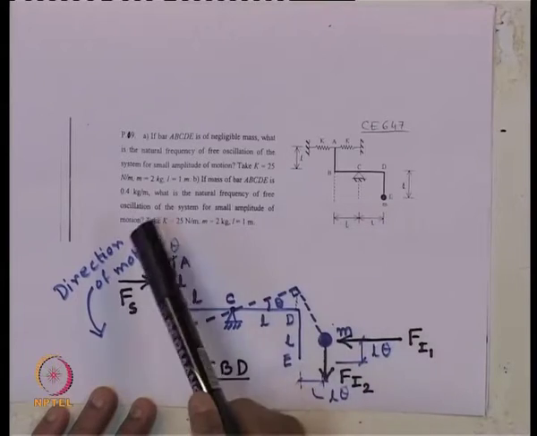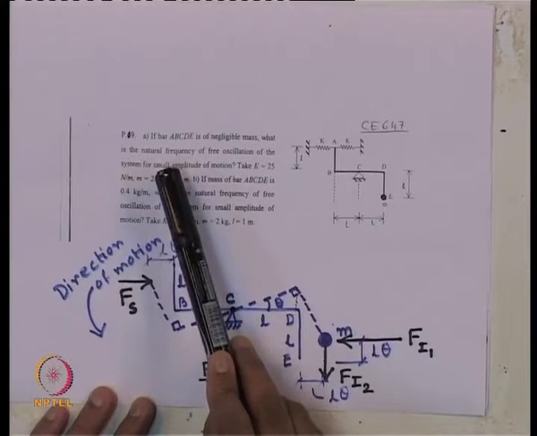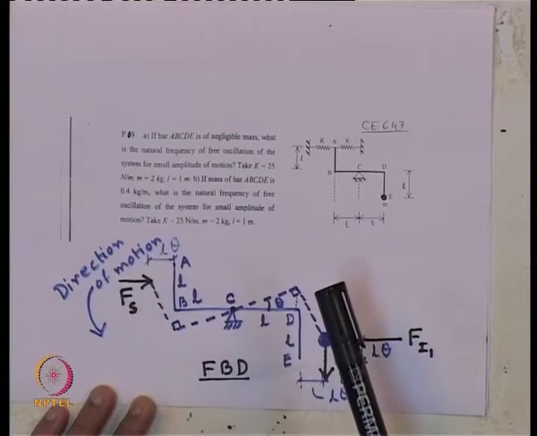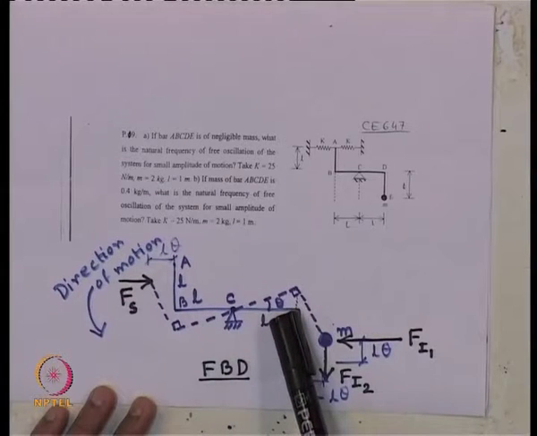It is the same problem we solved in part A; the only difference in part B is that now we have to consider the mass of this bent rod.